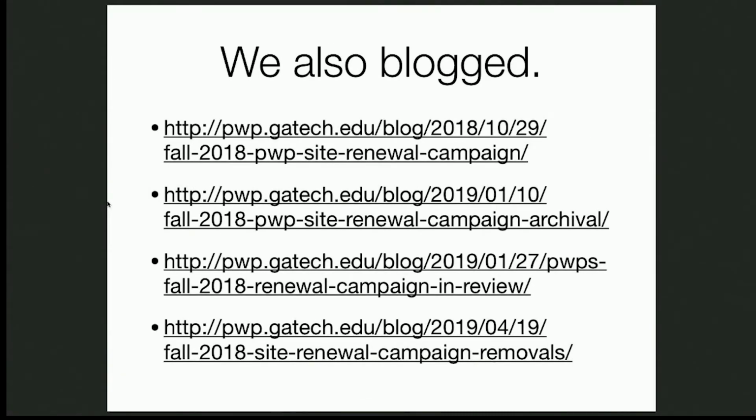I welcome you to go to the Professional Web Presence website and take a look at our blog posts for the last 9 to 12 months. We posted about 4 to 5 times about this renewal process, both from the standpoint of why we're doing this, when the site renewal deadline hit, when we started the archival process, and then what that ended up looking like when we completed that process.